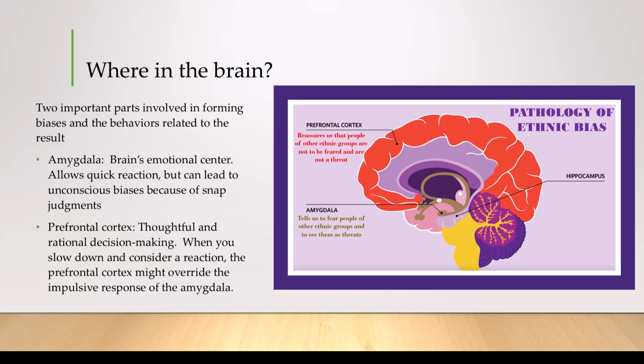Two key parts of the brain are involved in forming biases: the amygdala and the prefrontal cortex. The amygdala is the brain's emotional center, responsible for processing feelings like fear and quick responses to perceived threats. This can lead to unconscious biases due to snap judgments. The prefrontal cortex is responsible for thoughtful, rational decision-making, helping us to override impulsive responses when we slow down and reflect.